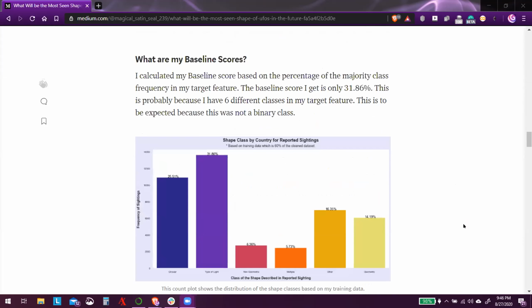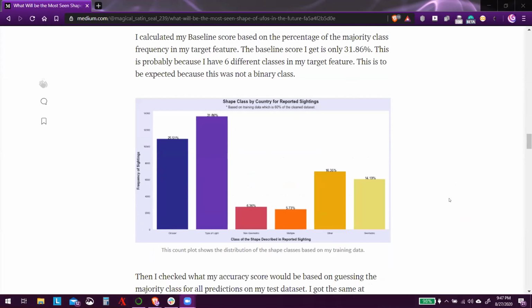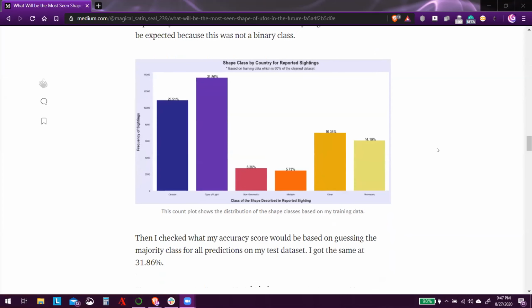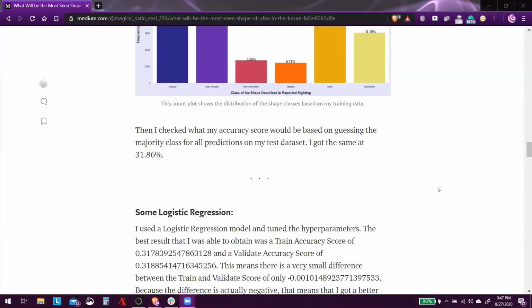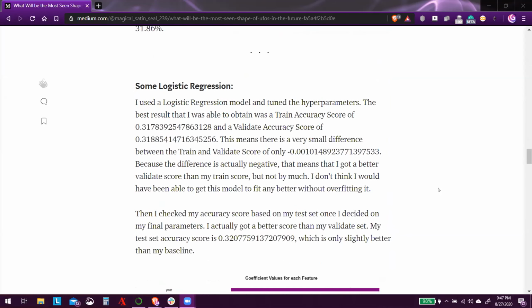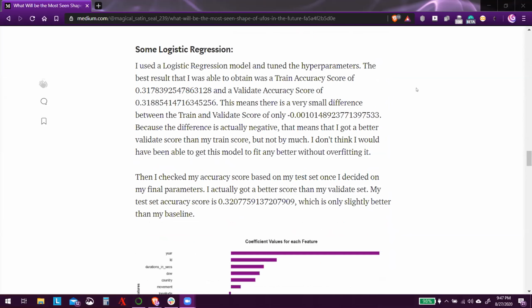And then my baseline score was actually rather low at only 31.86, but this is probably because I had a multi-class target feature, and they were sort of balanced out for the most part. Then I did some logistic regression, and with my logistic regression, I tuned some of the hyperparameters.